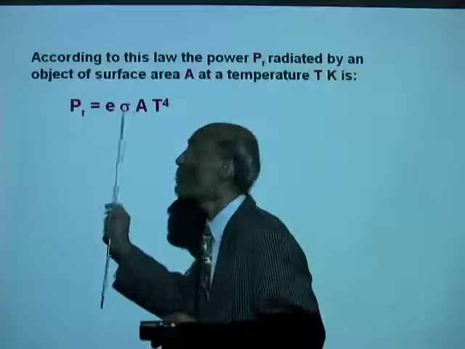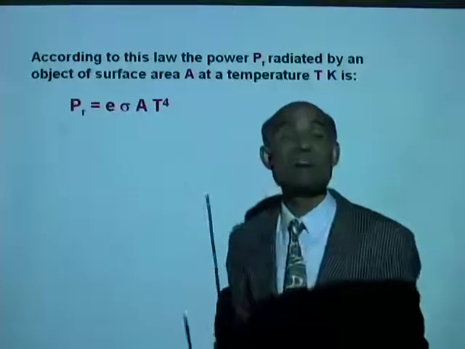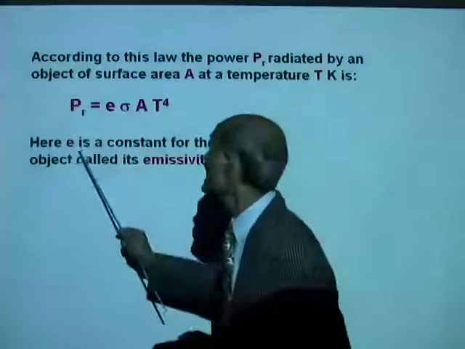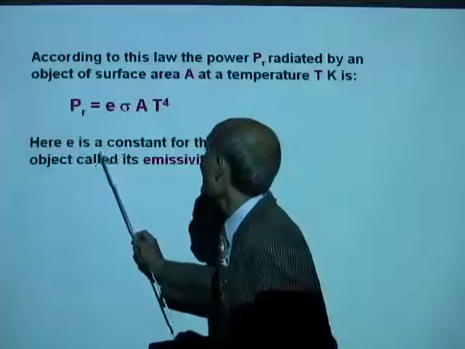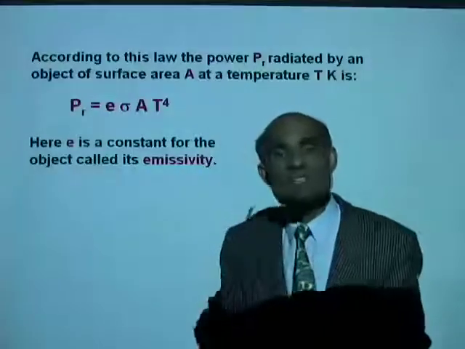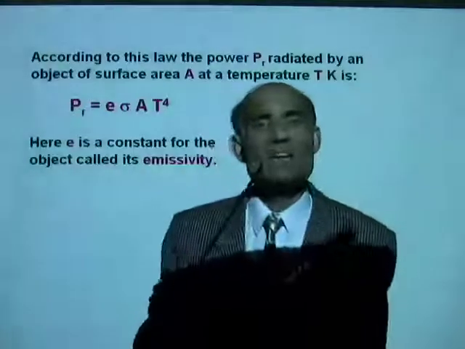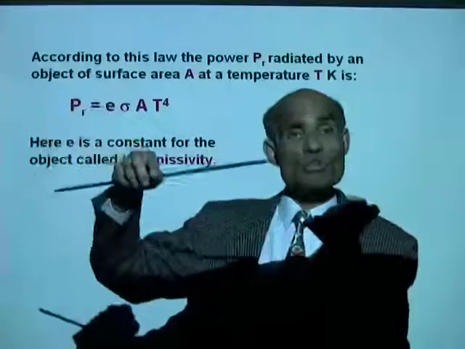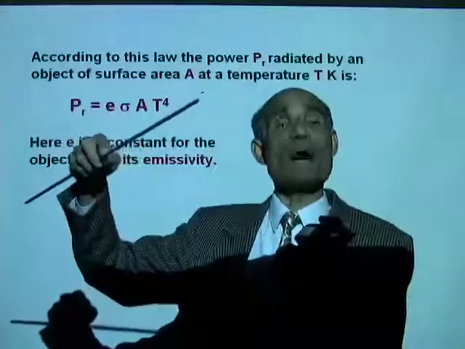Obviously, these two quantities, E and sigma, are constants. Now, E is a constant called the emissivity of the material. E has values for all materials ranging from 0 to 1.